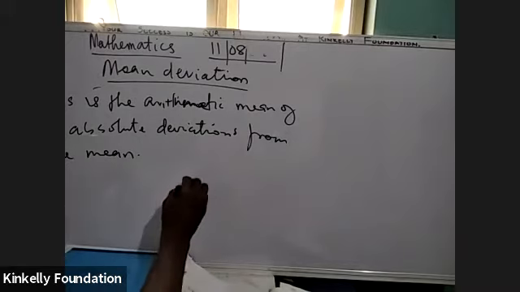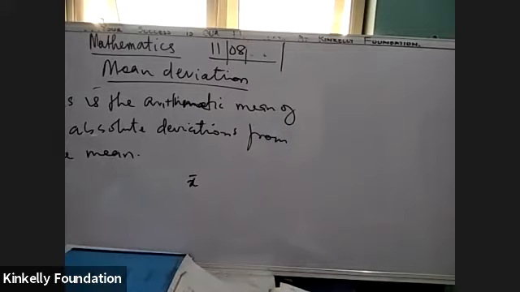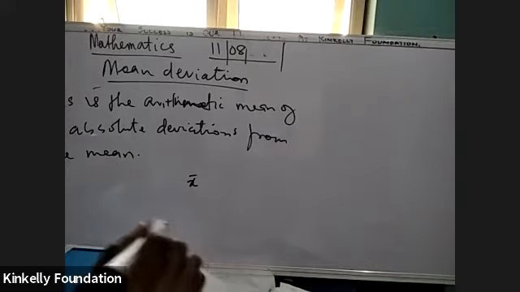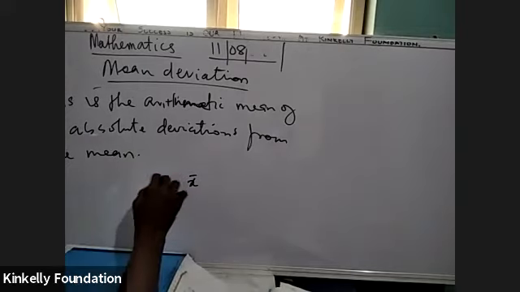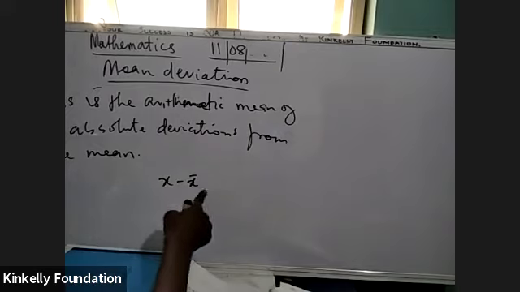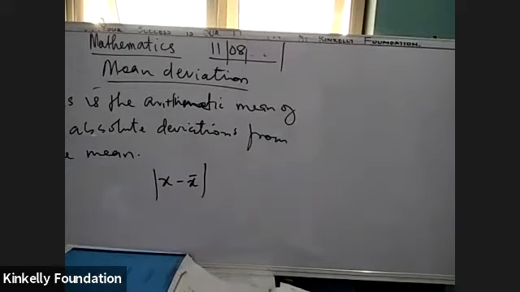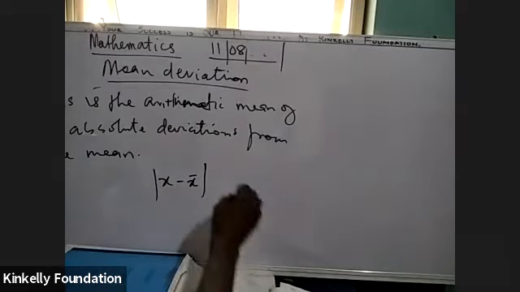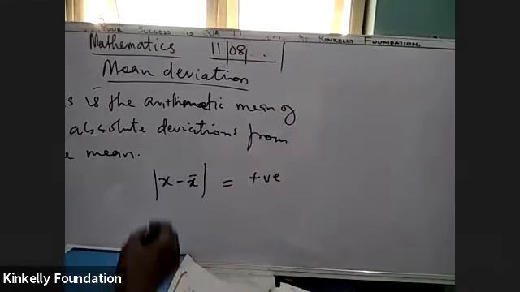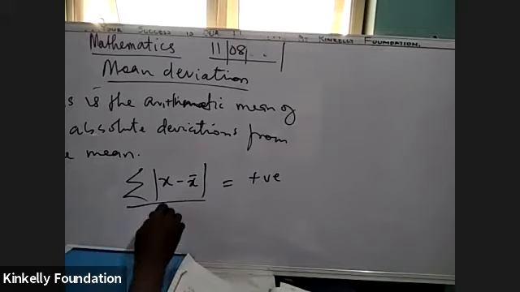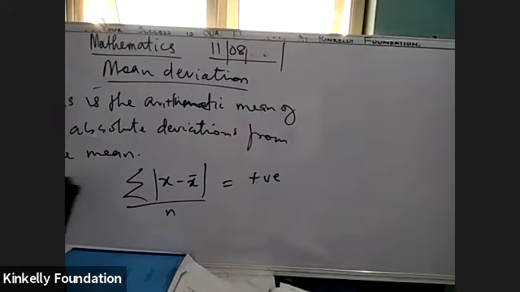When you get the mean, you start getting the deviations of every element of the data from the mean. This deviation is that element minus the mean. Whatever you get, you take the absolute value of it, which gives you a positive value. Then you sum all of them and divide by the number of data, and we have the mean deviation.